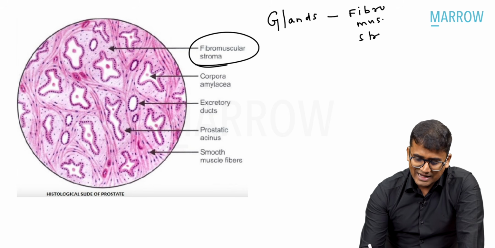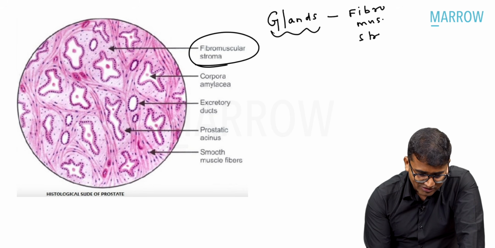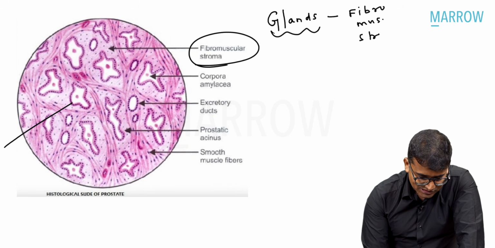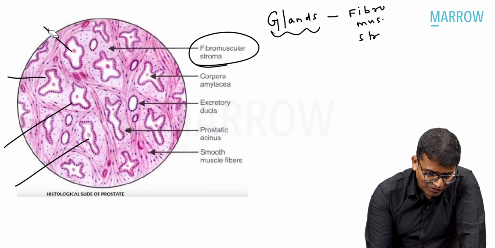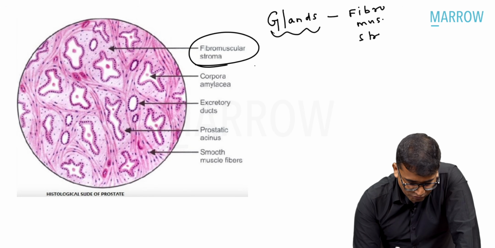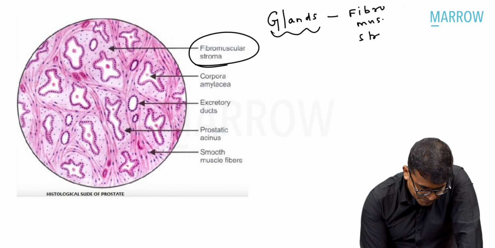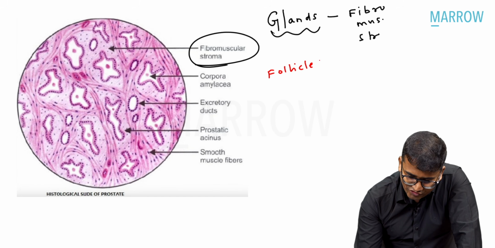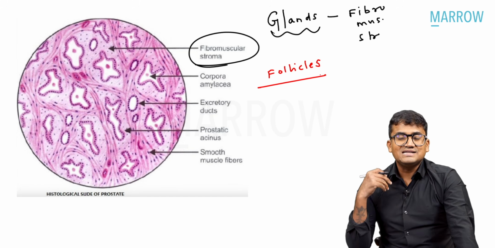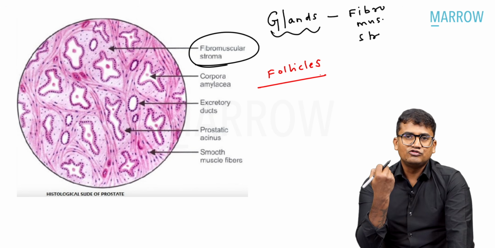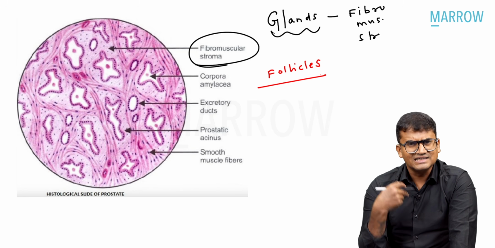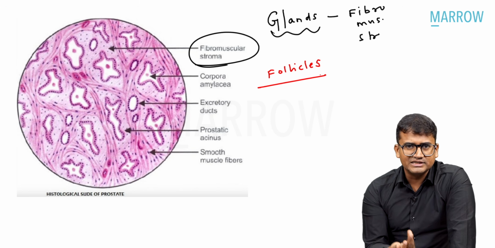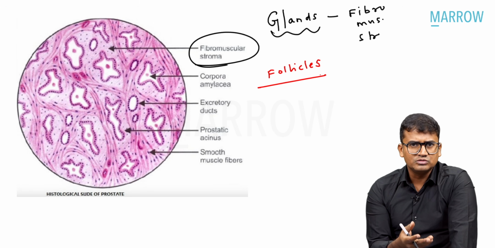Okay. Now glands are made up of, you are seeing, follicles. Yes, these are the follicles. So the glandular component contains follicles. Now, what is the lining epithelium of the follicles? Follicles are lined by secretory epithelium. What is the secretory epithelium? Squamous? No. Cuboidal?